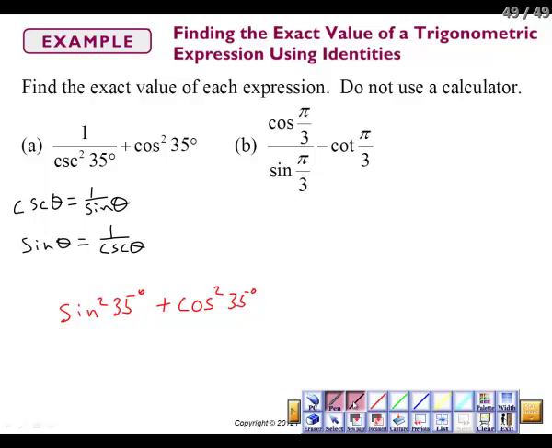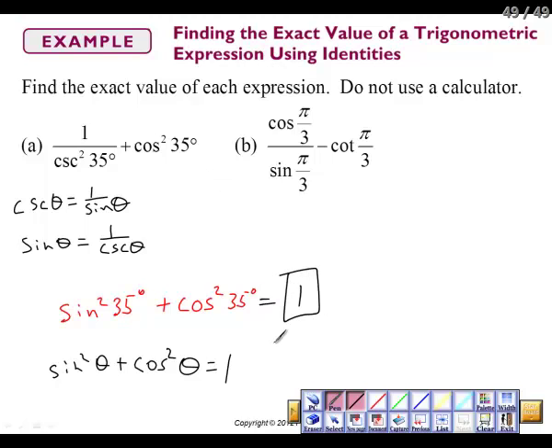Well, we know in our trig identities that sine squared theta plus cosine squared theta equals 1. So we can say that the answer to A is 1.